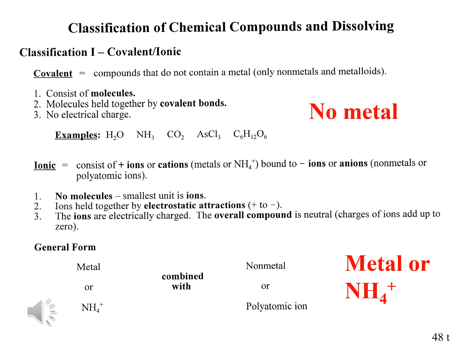But for this part of the class, you can be safe to classify any compound that contains either a metal or ammonium as ionic. If the compound does not contain any metal, it's all nonmetals and metalloids, those kind of compounds are covalent.